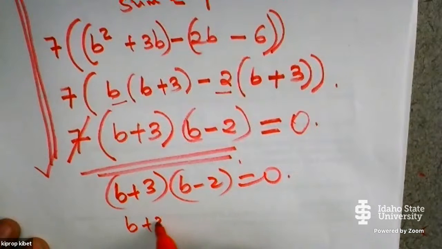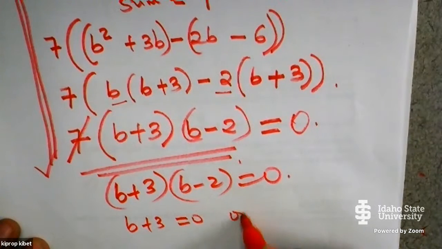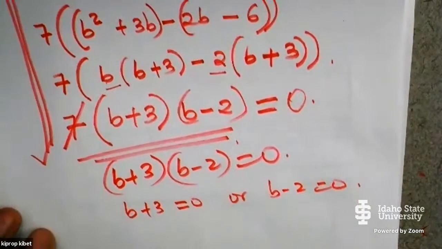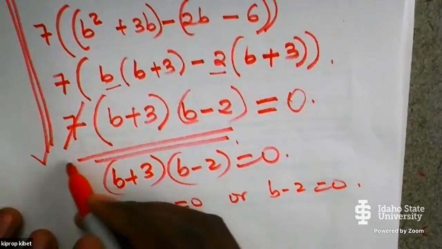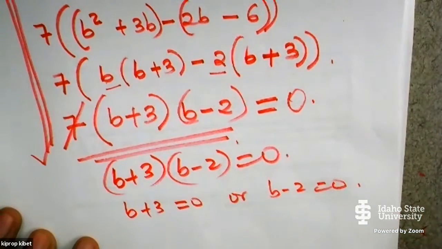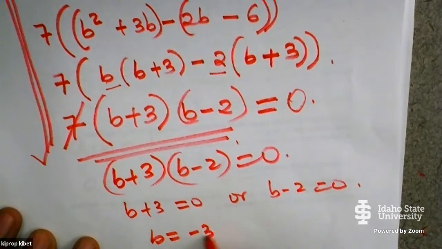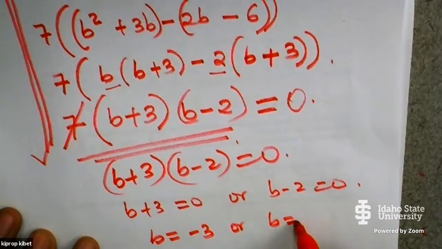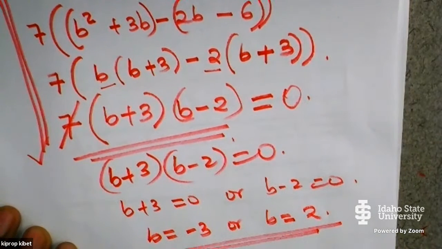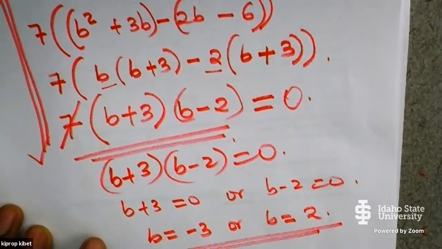Then b plus 3 equals 0, or b minus 2 equals 0. So finally, b equals minus 3, or b equals 2. That is the solution of our equation.